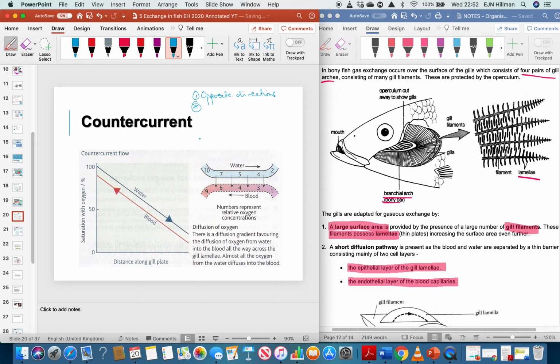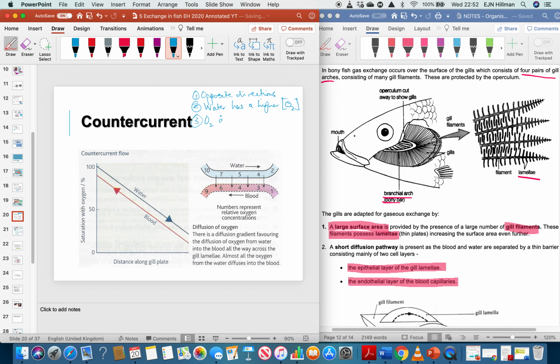Number two, the water has a higher oxygen concentration. Number three, you might link 2 and 3 together.